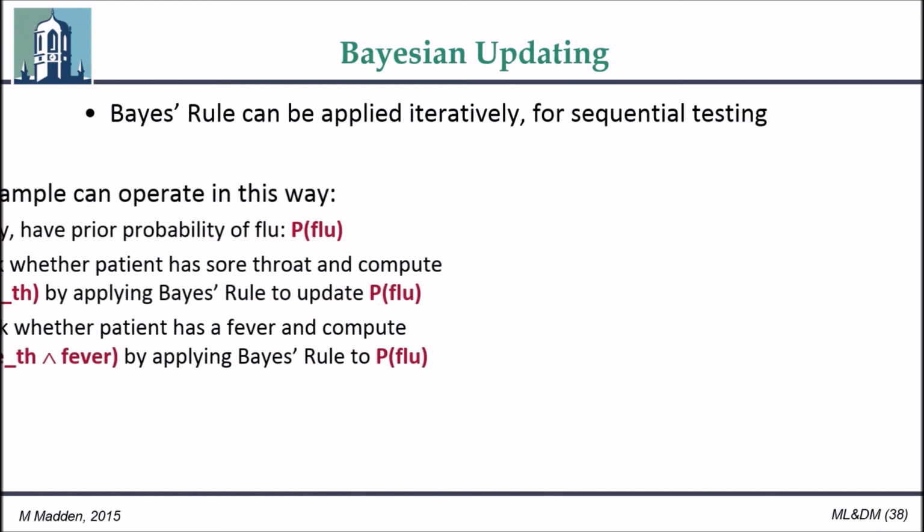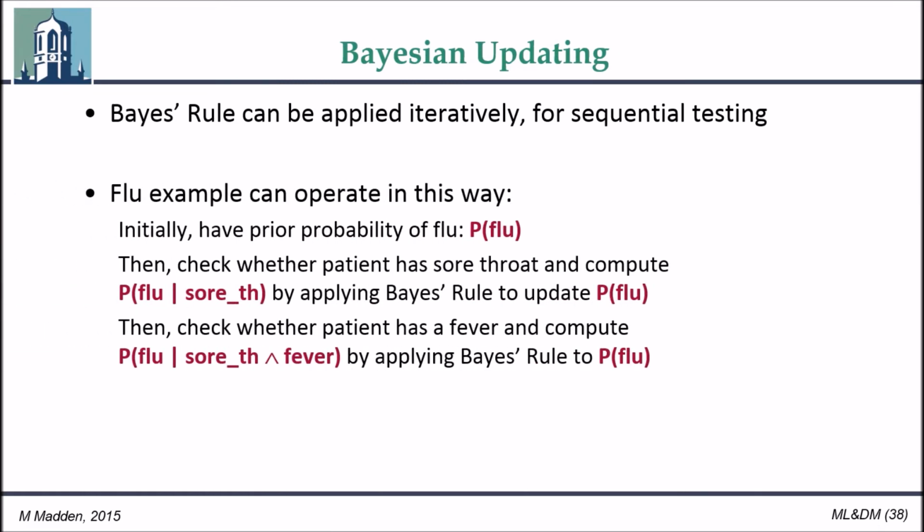So we saw this really with the flu example. Initially, all we knew is the prior probability of flu, that 1 in 50 people have the flu or something like that. Then we checked to see whether our patient had a sore throat, and from that we could compute the probability of flu given that you've got sore throat by applying Bayes' rule to update our knowledge of the flu.